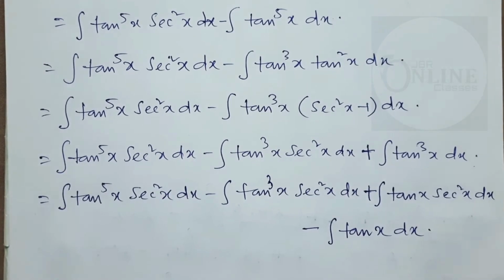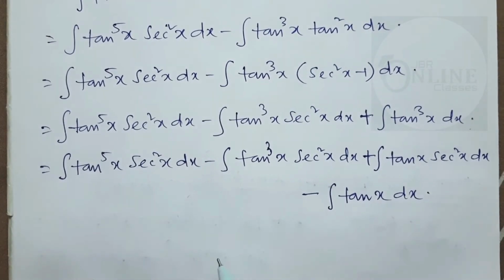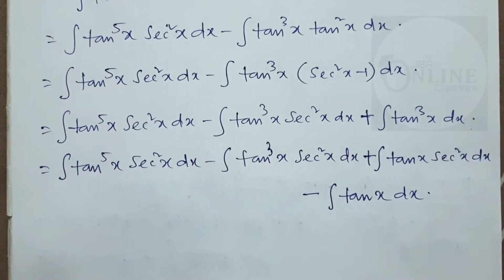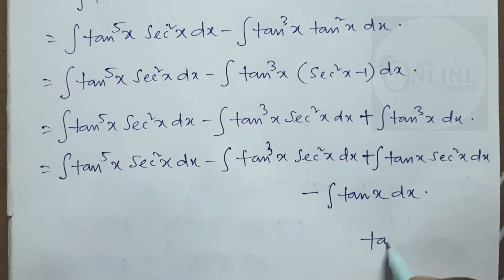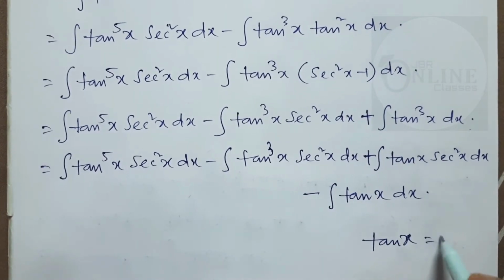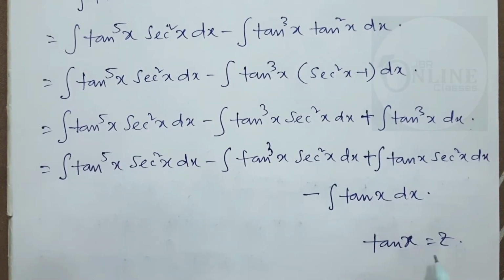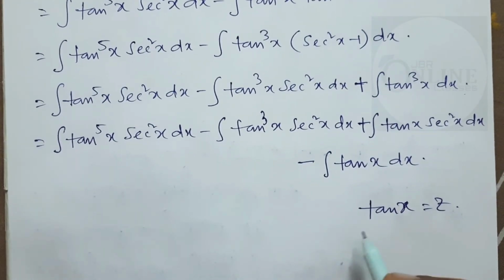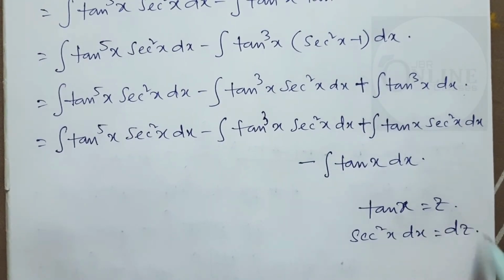Now can you see the reason why I am doing this kind of calculation? Actually now I am going to apply the substitution method, but the question is what function I am going to substitute. I am going to substitute tan x as z, because if we differentiate it, it is going to be sec square x dx equal to dz.